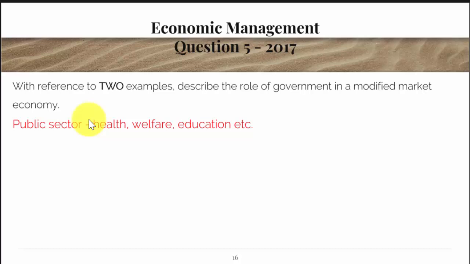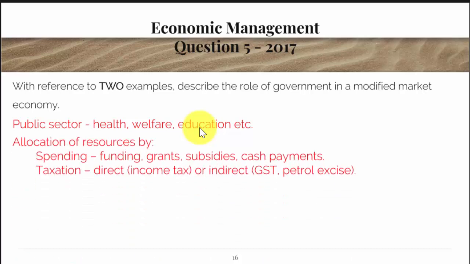So there's a number of roles here that the government performs. In the public sector, governments provide health, welfare, education, etc. They also can allocate or reallocate resources by way of funding certain programs, allocate grants, allocate subsidies, or give straight cash payments.